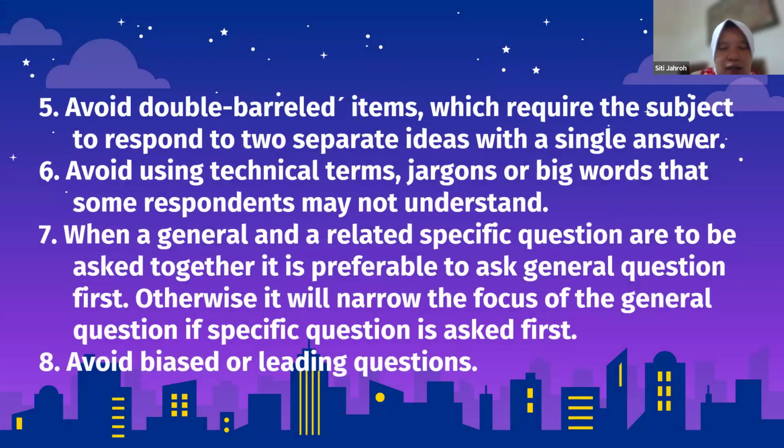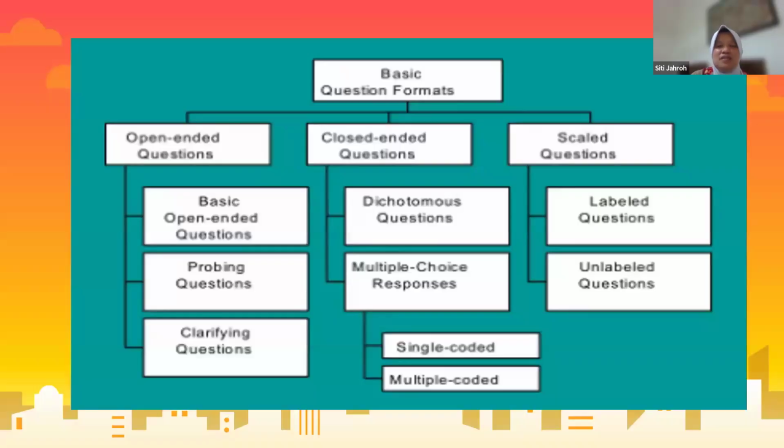And make sure that one question addresses one item. So these are the open-ended, close-ended, and scale questions. I will explain briefly, and then you can work with your group.